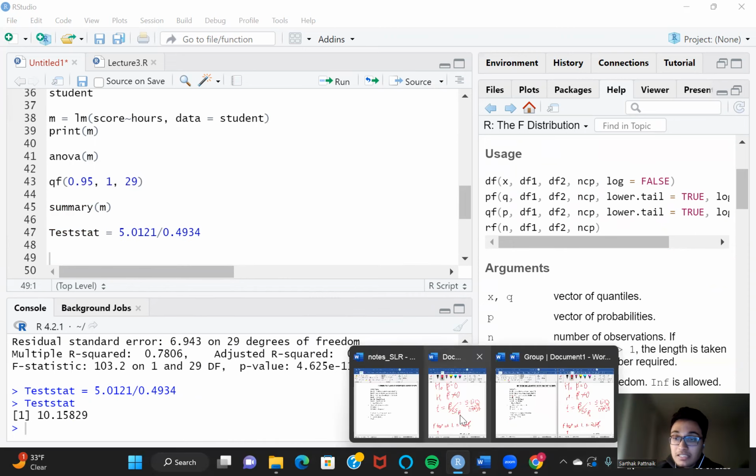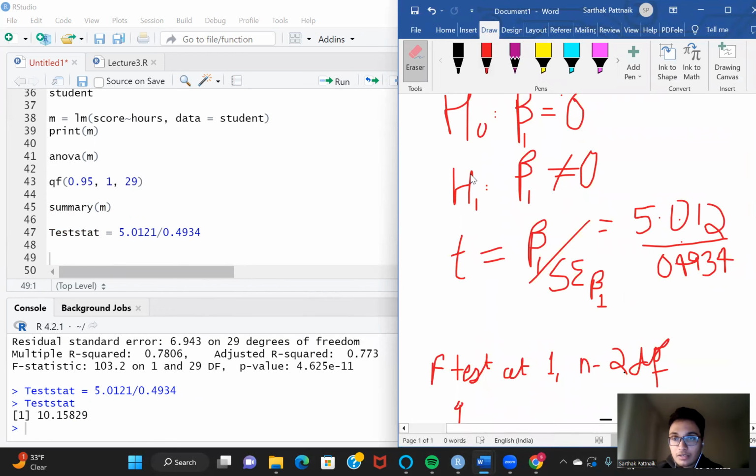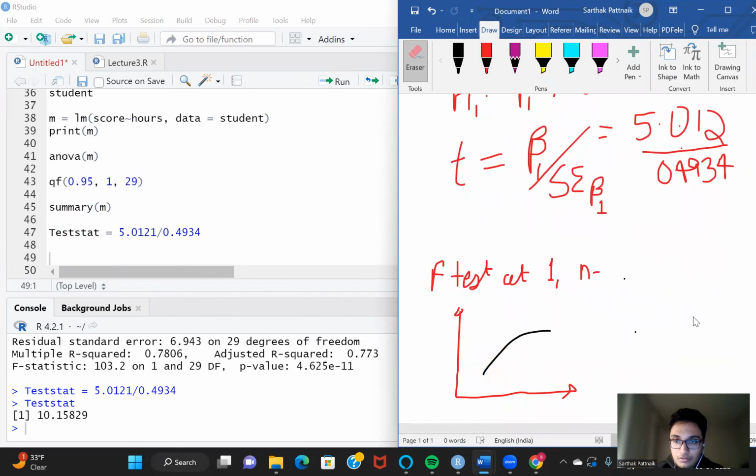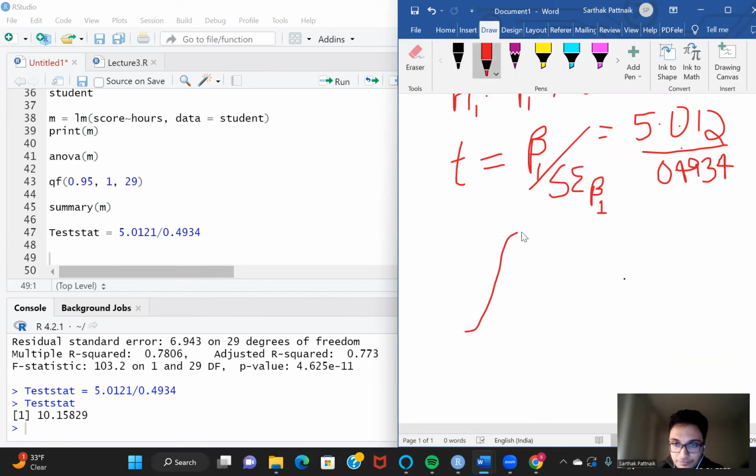Because this is a double-sided test, to find the critical value, we have to find t critical. This area right here is 95%.